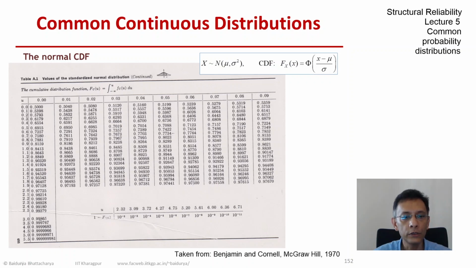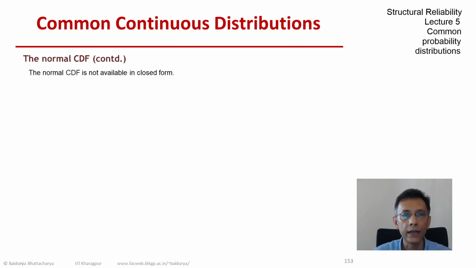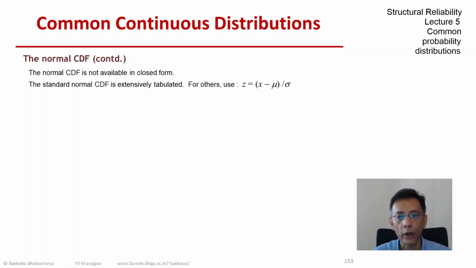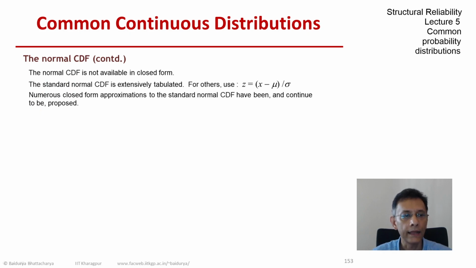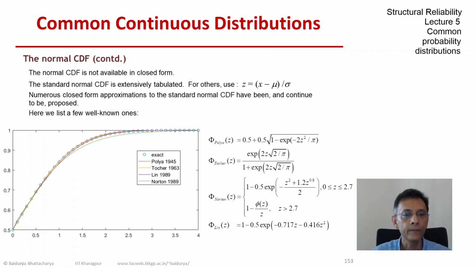Since these normal distribution values are evaluated numerically, there are many available approximations. Some of them are well known, some of them continue to be derived or proposed, and here I have listed some of the well-known ones.